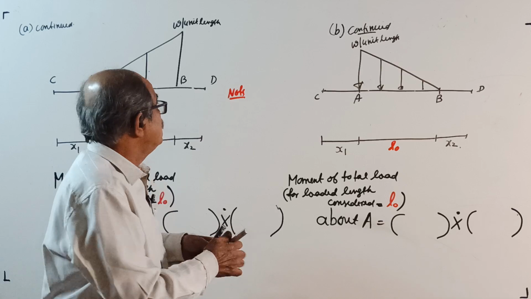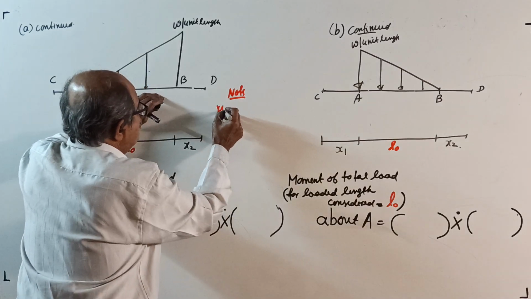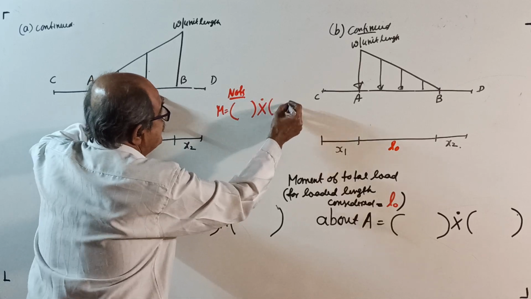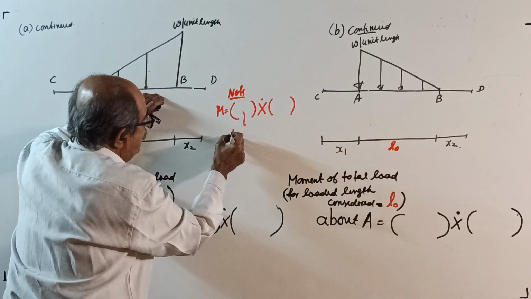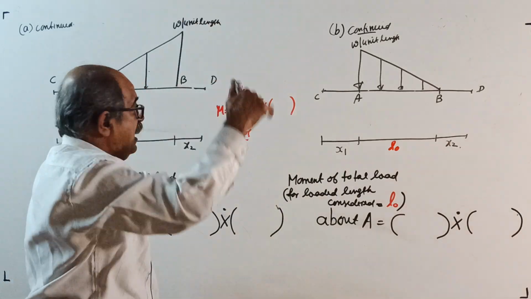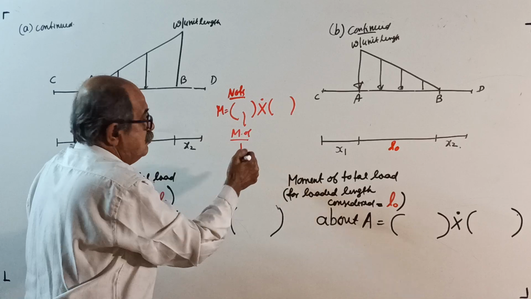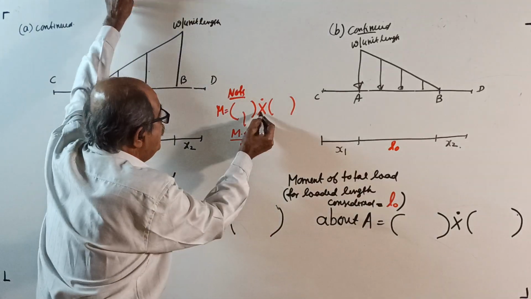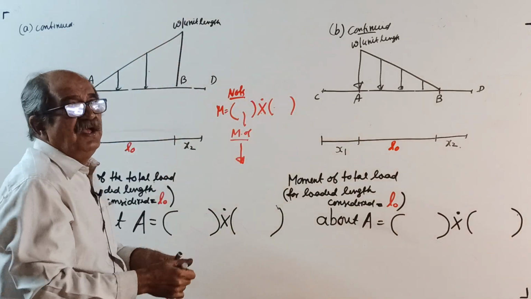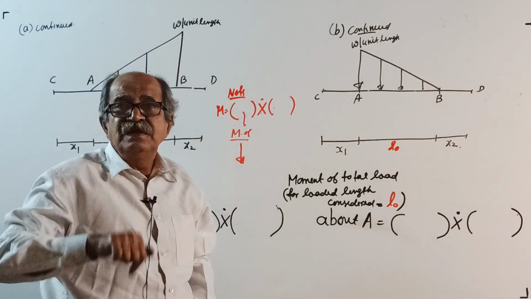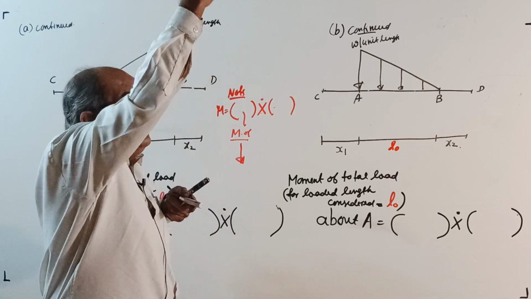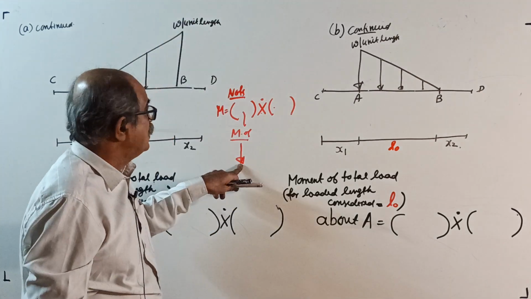First 2 terms are there when you want to take moment. This is moment distance, this way. This is magnitude of total load. See, hand should move like this, into perpendicular distance from that point, meaning the point about which you want moment, to the line of action of this total load.